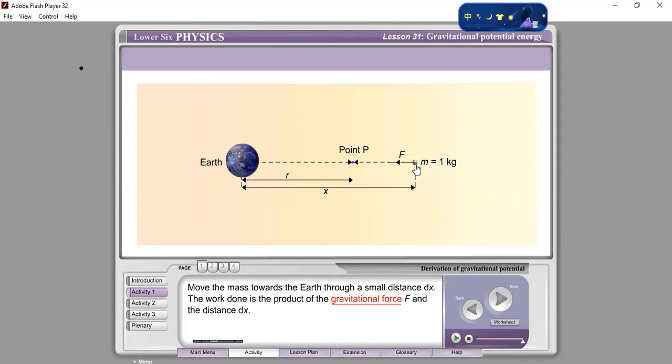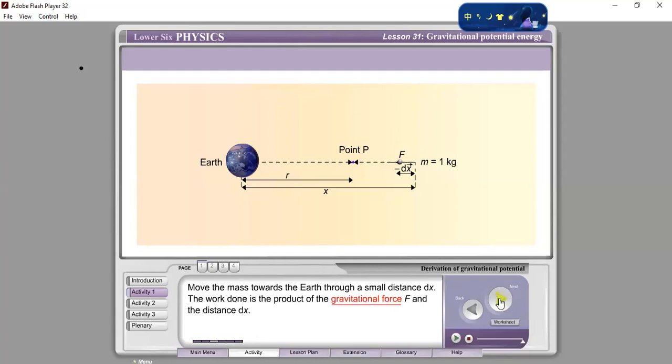When it's moved, due to the gravitational force of attraction, it moves a distance of dx, and you see it is negative. Why negative? Because it is towards the Earth. That is an attractive force.